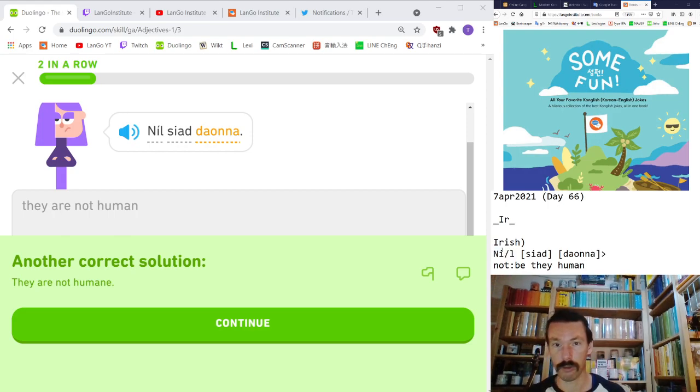So, because the pronoun siad comes in position 2, we know that the affirmative would be tá. They are human. Wait, but is that right? It just looks that way. To be human is a state of thing, would be is. Okay, so not as simple as I thought.